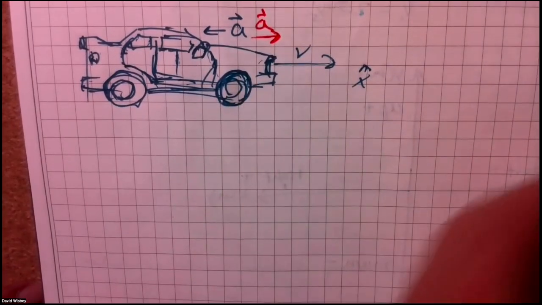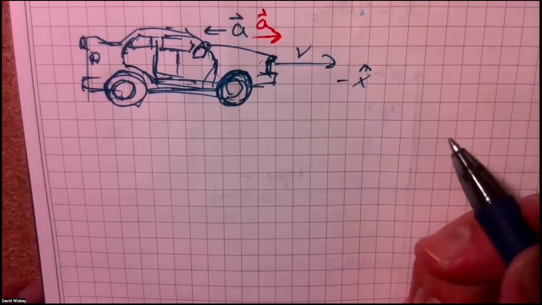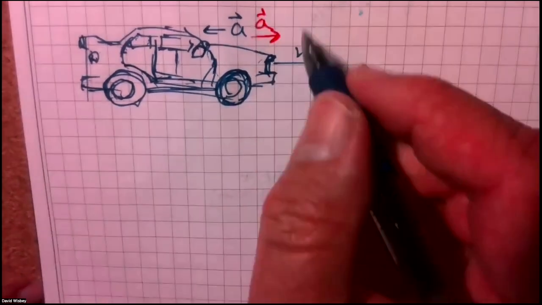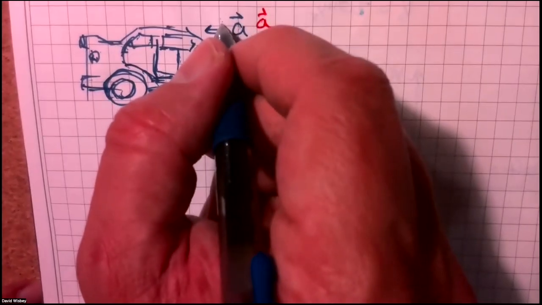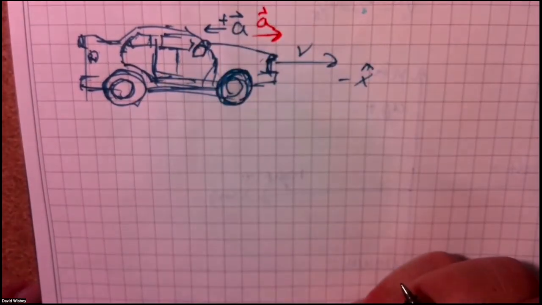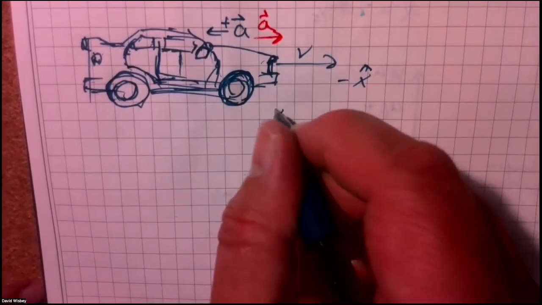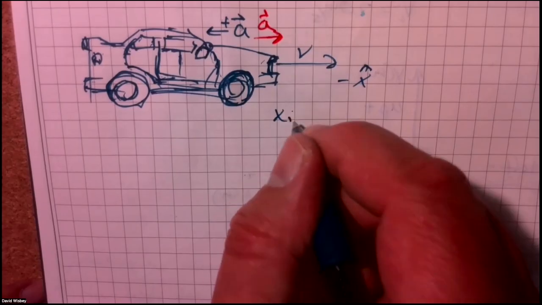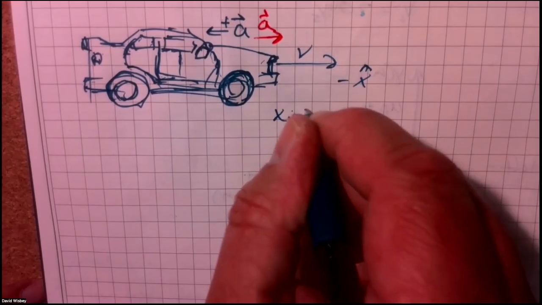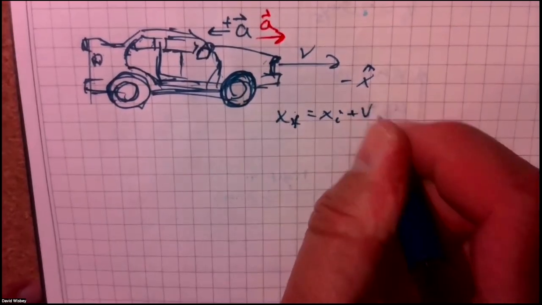So now, let's say my car was going the other way, let's call this the negative x direction. Then if I slow down, my acceleration is going to be in the positive direction. So if I wrote down the equation of motion for that, how far am I going to travel? This would be x final equals x initial plus v.